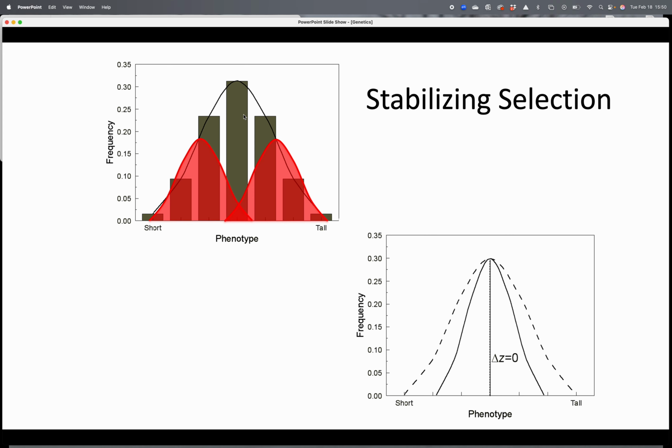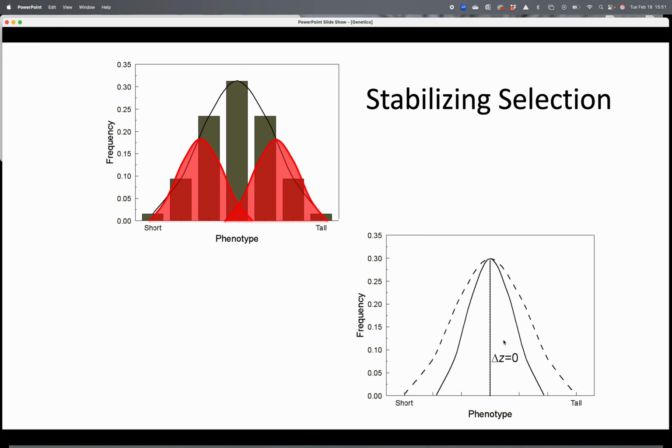The result of that, assuming that the selection is perfectly symmetrical, is in theory, once again with perfectly symmetrical selection, the average phenotype value doesn't vary between the pre-selection distribution, which you see is once again a dotted line, and the post-selection distribution, which is a solid line. Now, everything has to be perfect for it to not shift, but even if it's somewhat asymmetrical, it's going to not shift very much.